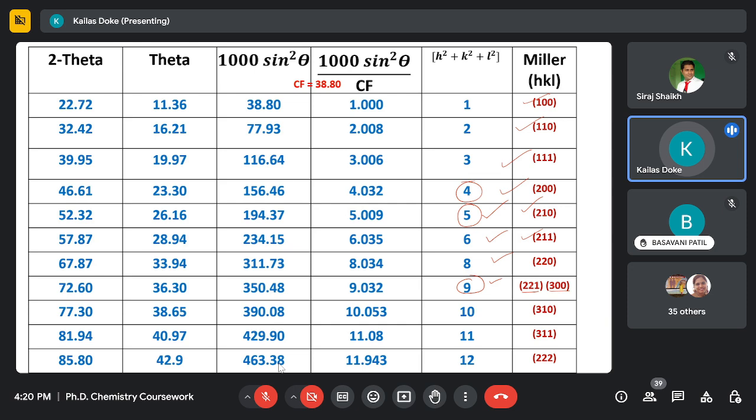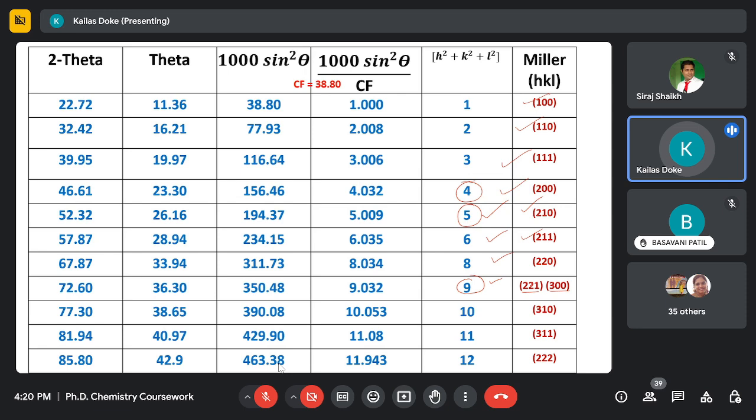Diamond cubic is somewhat different, which has an indices sequence for h square plus k square plus l square of 3, 8, 11, 16, 19, 20, 24, 27, and 32. So what we analyze in strontium titanate, the observed sequence of h square plus k square plus l square values comes as 1, 2, 3, 4, 5, 6, 7 is absent, 8, 9, 10, 11, 12.